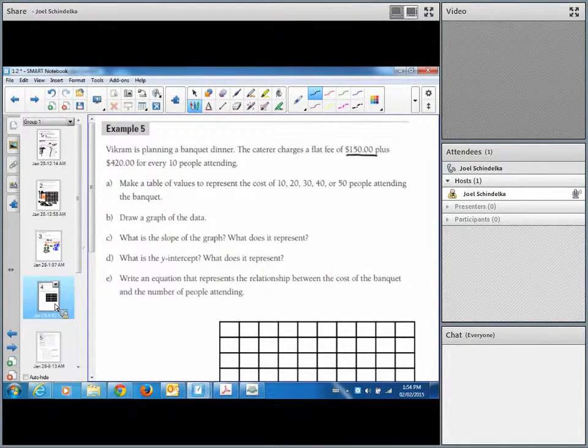Whether there's 100 people or 10 people? $150, right? So does that make sense that that's the intercept, like that's the 0? So let's do D right off the bat. 150 is the intercept. And that's the flat fee, for when x equals 0, right?